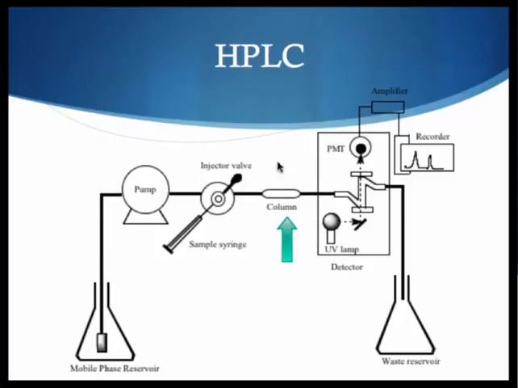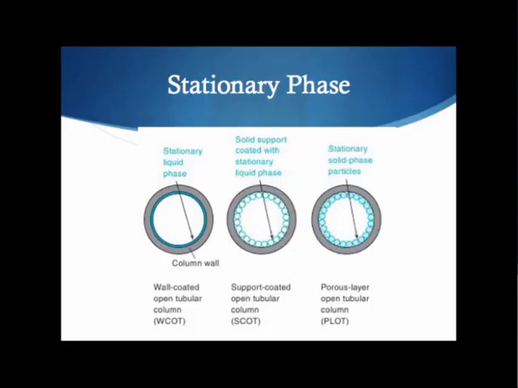So the column is what we will be focusing on, just because this is where the actual separation occurs, and so we'll kind of get into the theoretical side as to what affects the separation of these compounds. Now let's just take a look at the inside of the column. And on the inside of the column, the stationary phase is bonded to it.